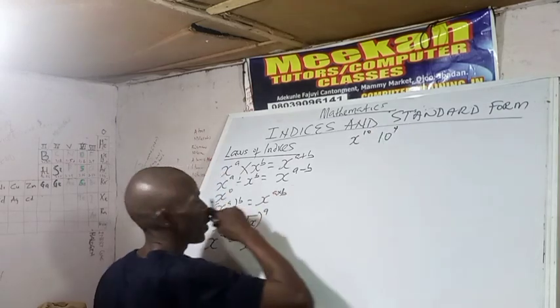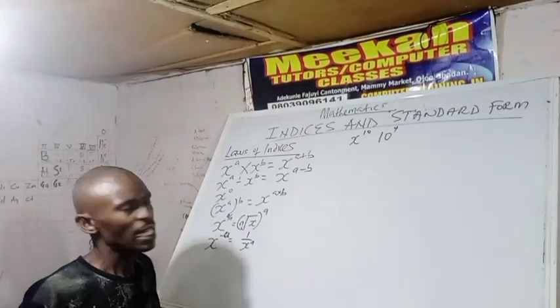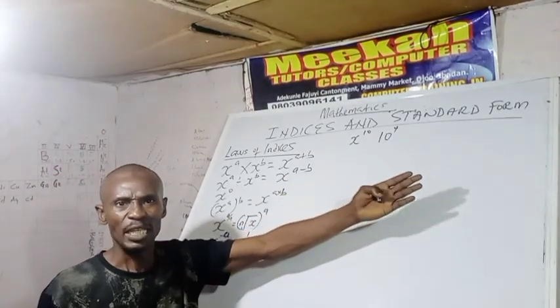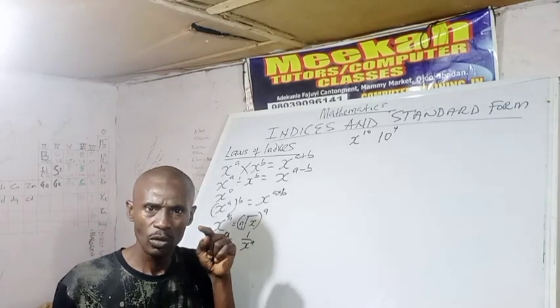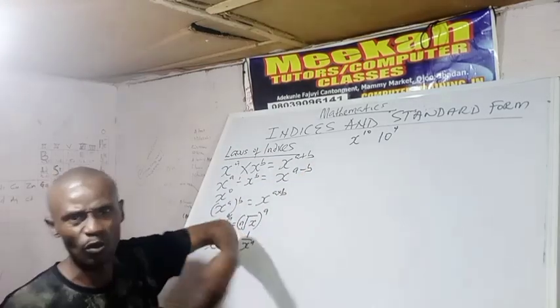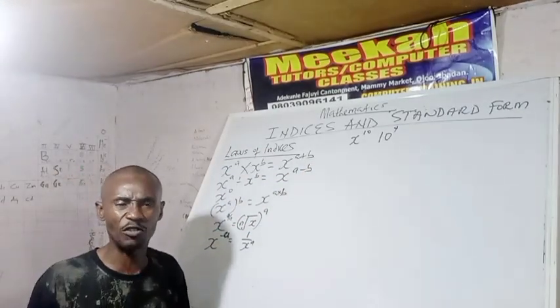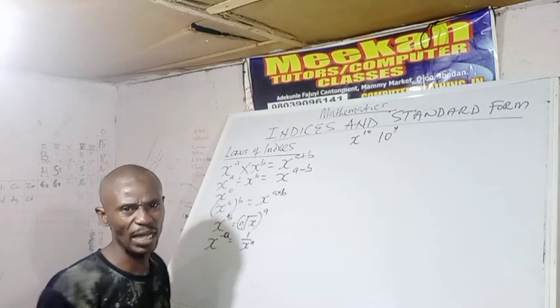Anything raised to power, you call it indices, or you say it's exponential form. In solving this, when it comes to indices, we have laws governing it that you must obey if at all you want to do anything.